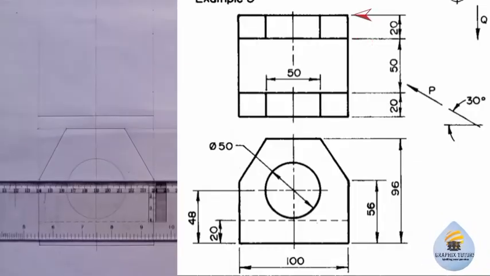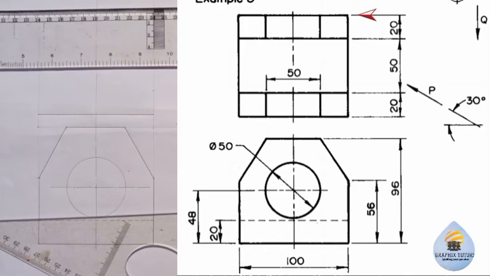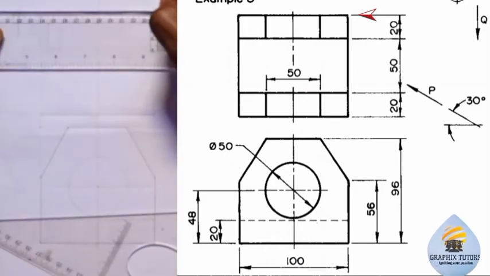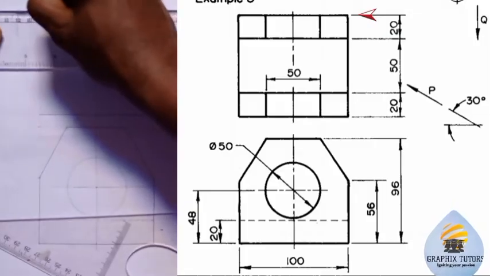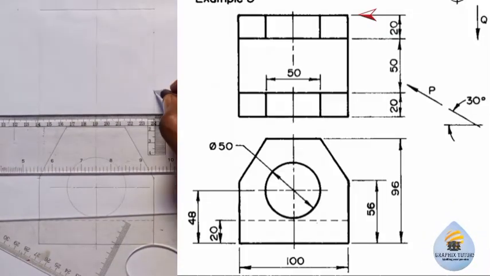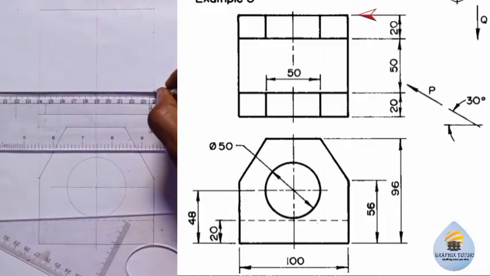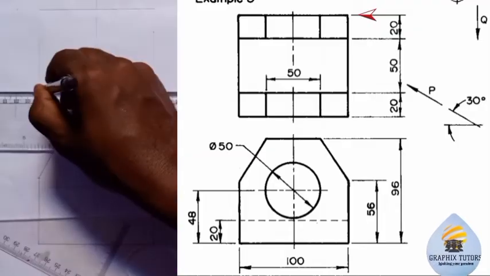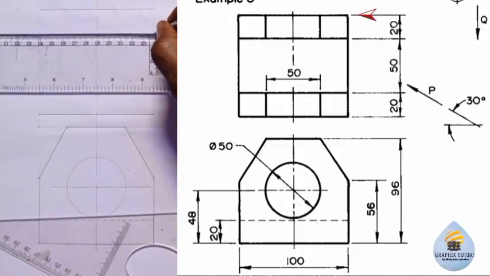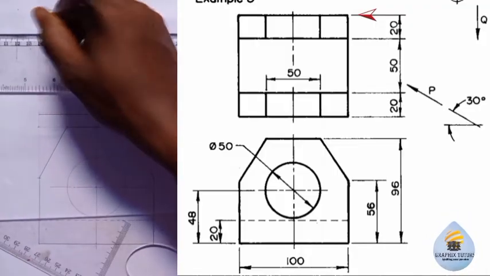So I'll just close it up from here. So from this point here, I'll close it up. You can see that? And the next one here, the first 20, I'll close it up. The second 20, which is the 50, I'll close it up.